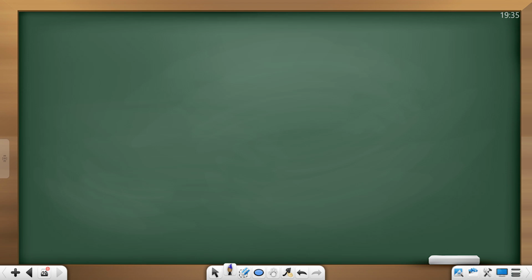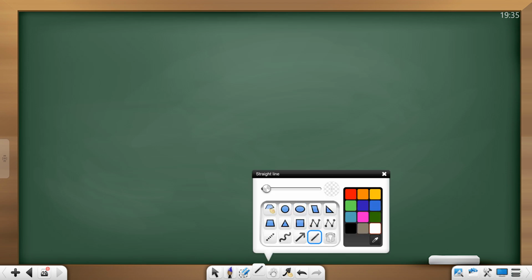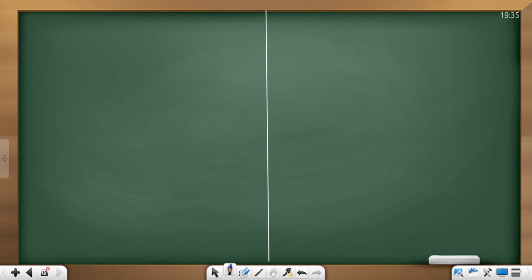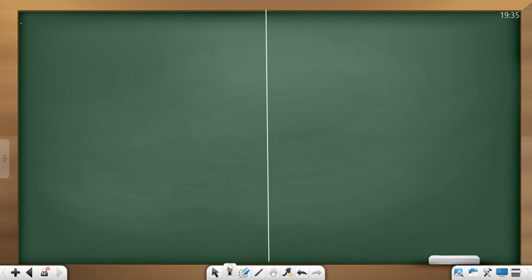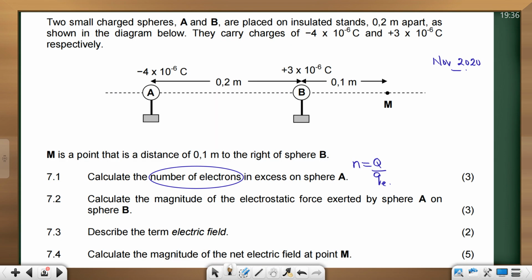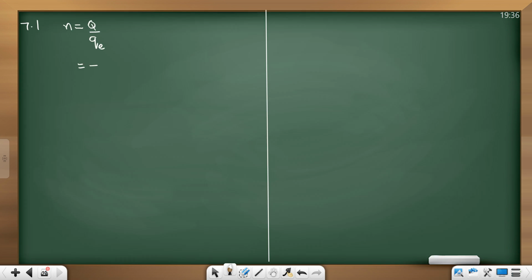Okay, quickly. Number 7.1. Like I said, I am leading this set of questions. 7.1. N equals Q over what? QE. 1 mark there. What is our Q? -4 times 10 to the power -6. And the charge on an electron, -1,6 times 10 to the power -19.